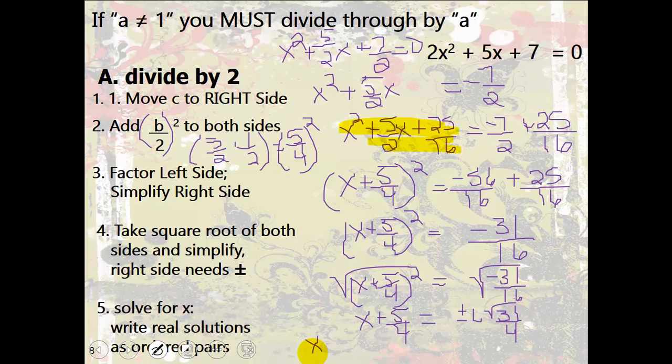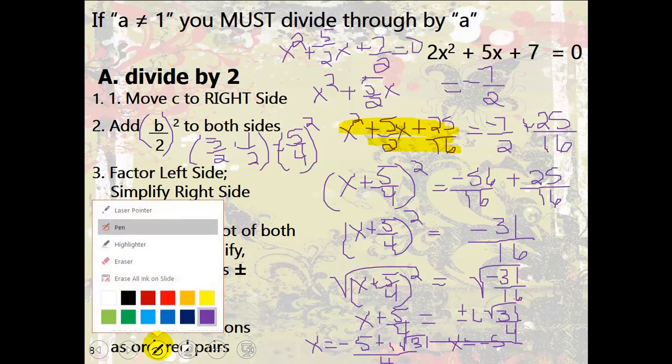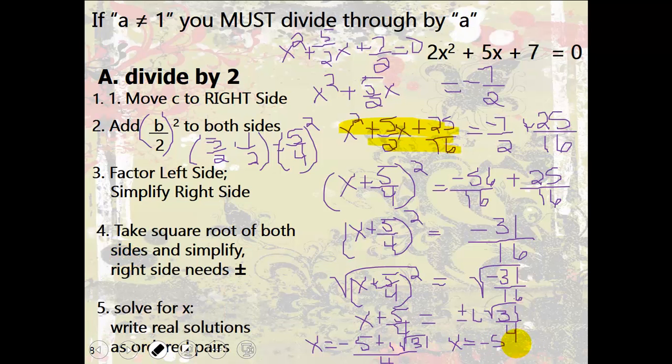I get x equals negative 5 plus i root 31 over 4, because they're both with a 4 as a denominator, and then x equals negative 5 minus i root 31 over 4.